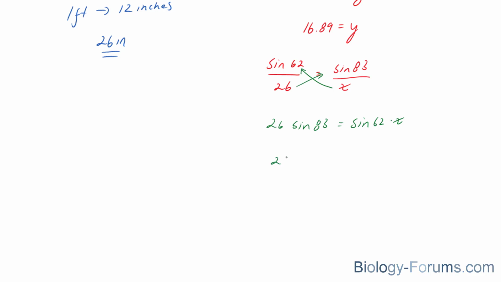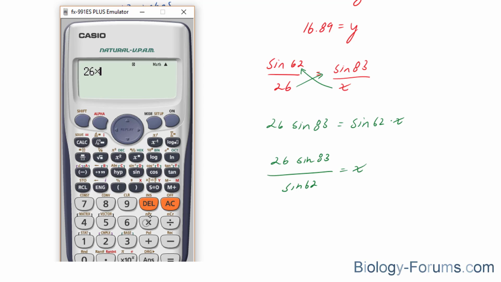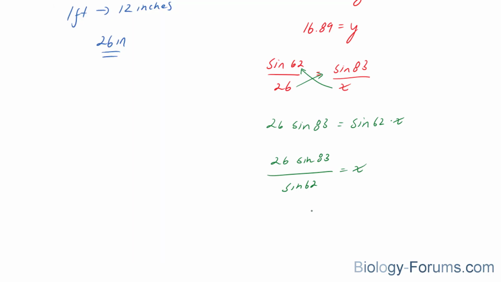And we end up with 26 sine 83 over sine 62 is equal to, we're going to use our calculator, 26 times sine 83 divided by sine 62 gives us an answer of 29.22.